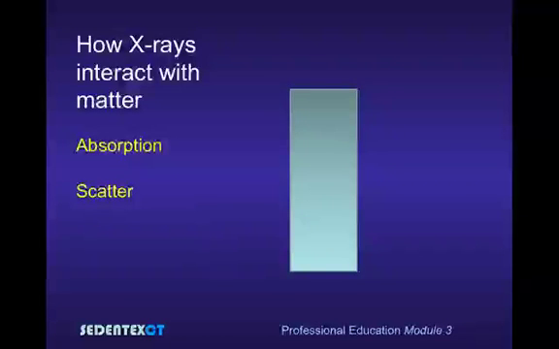How do X-rays interact with matter? Well, there are two principal ways in which this occurs: absorption and scatter. In absorption, the X-ray photon hits some material and its energy is absorbed. Very simple. Alternatively, the X-ray photon might pass through a material and be deviated in its path, sometimes with loss of energy, sometimes without loss of energy.